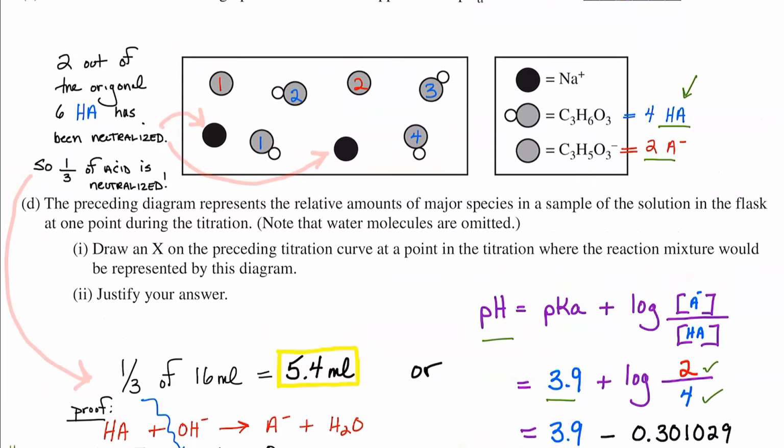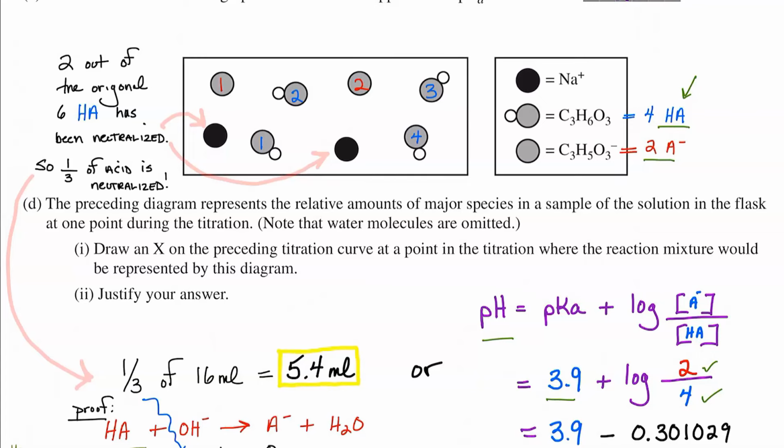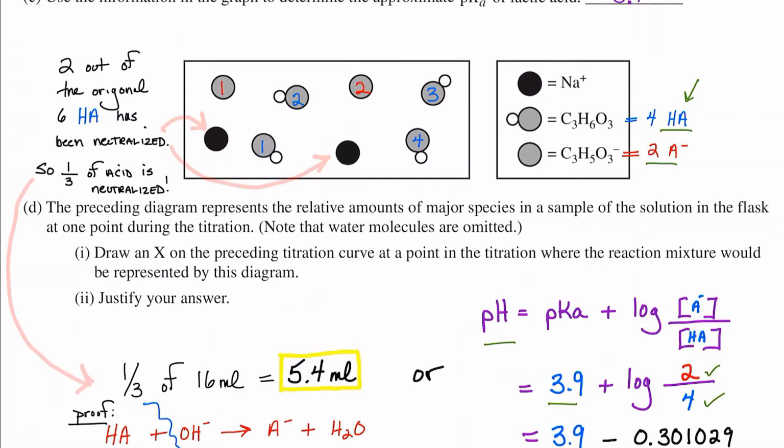If there are 2 sodium ions here, 1 and 2, where did they come from? Well, they came from producing hydroxides. Remember, the hydroxide was delivered by the sodium hydroxide. The hydroxide's not there in our drawing because it was neutralized into water, which means 2 hydroxides in this drawing neutralized 2 weak acid molecules.